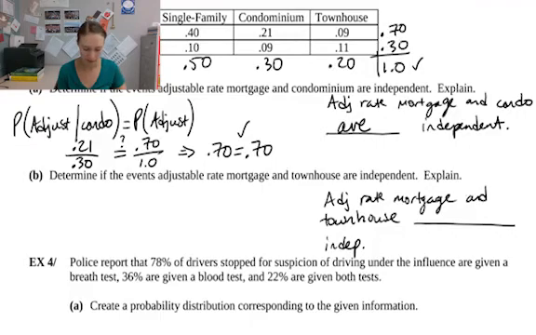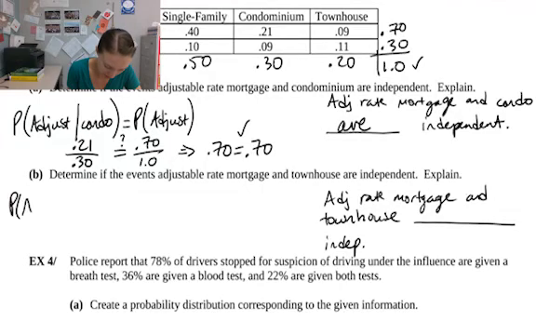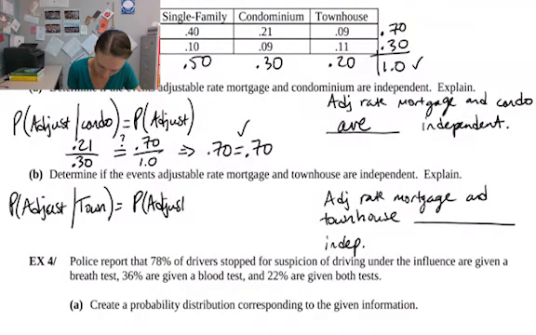So that's independent. Determine if adjustable rate mortgage and townhouse are independent. So let's do this again. Adjustable rate mortgage, given that they were in a townhouse, is that the same as adjustable rate mortgage on its own? So out of all the townhouses, we had 0.20. Out of all of those, we had 0.09 adjustable rates.